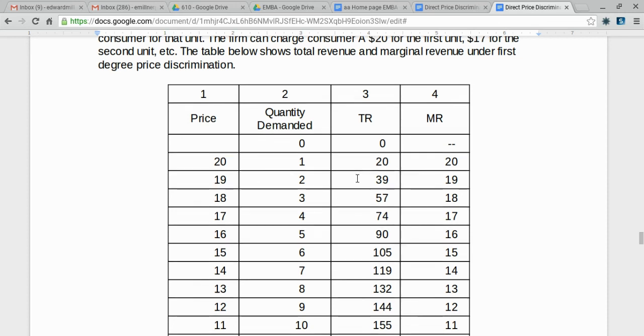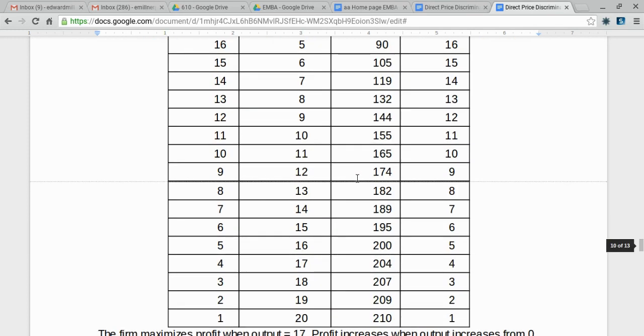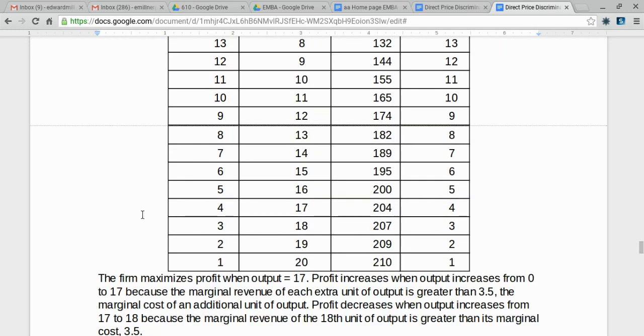To find where I maximize profit, I've got to find where marginal revenue equals marginal cost. Marginal revenue is above marginal cost all the way to the 17th unit of output. So the firm maximizes profit when output is equal to 17.